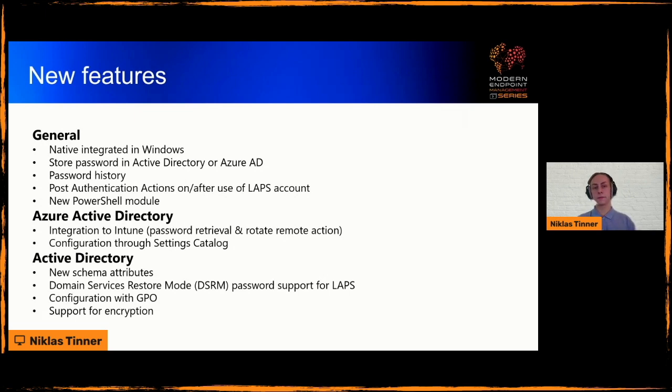This means if we have a successful authentication with the account managed by LAPS, a post-authentication action is performed, for example resetting the password of that account, logging off if it's an interactive session, or even rebooting the PC. Then we also have a new PowerShell module with some new cmdlets and new features, all very well described in the official Microsoft docs.